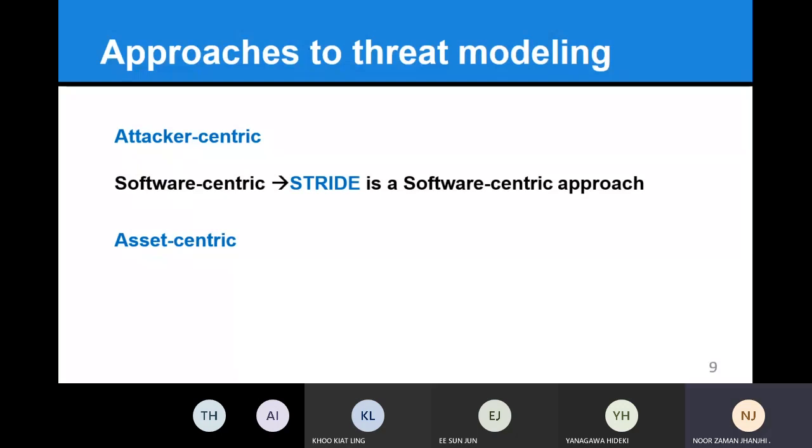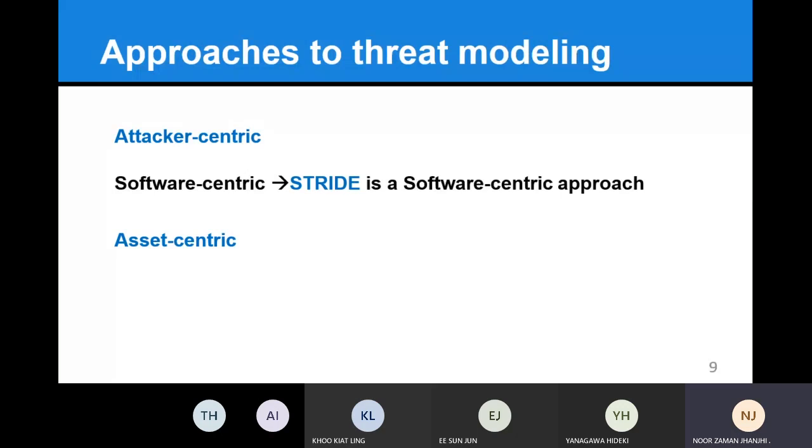Going back to your previous lab, that was an attacker-centric approach, because we were trying to keep the attackers away so that they may not steal the design from the company again.